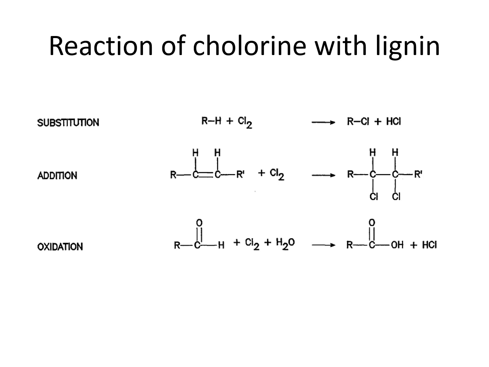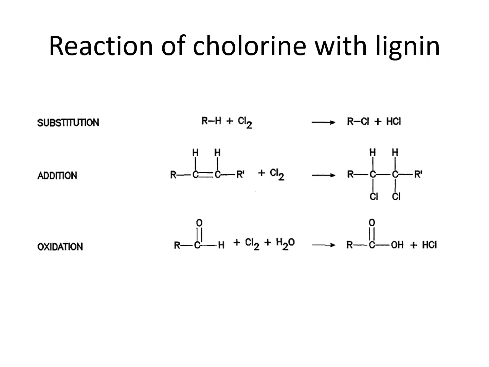Now, the reaction of chlorine with lignin. There are three principal reactions that occur in the chlorination of pulp: addition, substitution and oxidation.